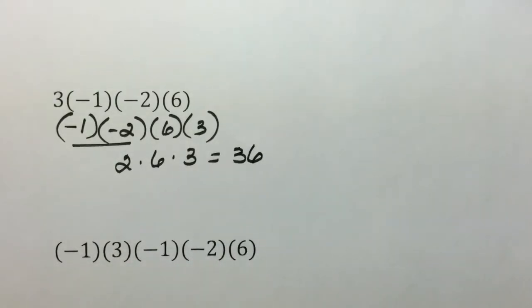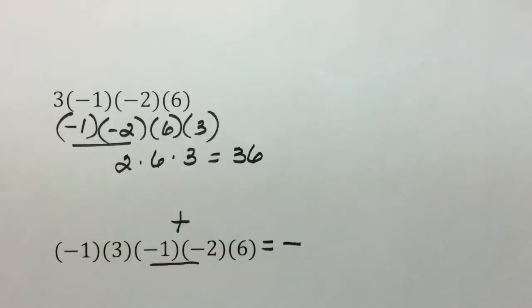In this next example, there are 3 negative numbers multiplied together. 2 negatives multiplied together results in a positive, and we have this one odd negative left over. When we multiply these numbers together, it will result in a negative solution.